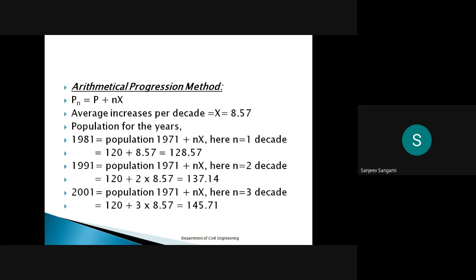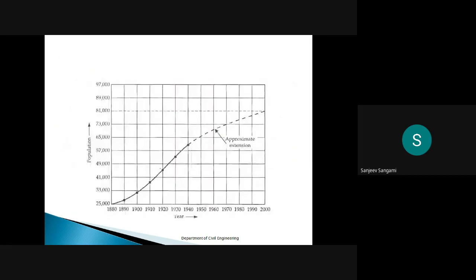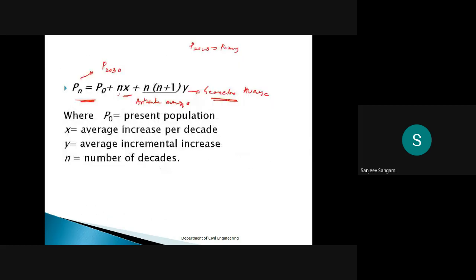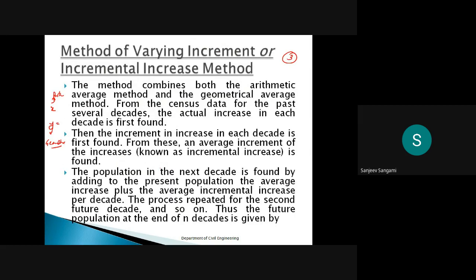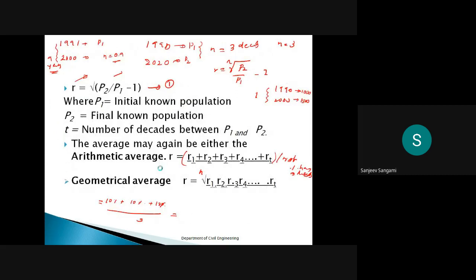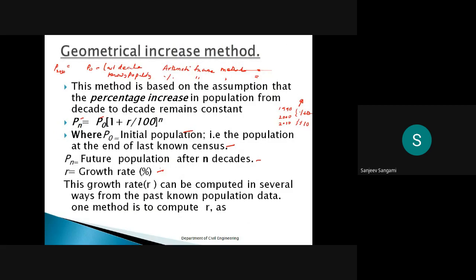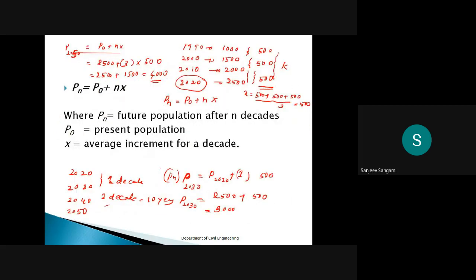Previously we solved one problem, that is the same way. Same way you have to calculate it. So average we calculated here. So just check it here. So see, in the previous problem how we did it. In the previous problem 1990 we have taken, 2000 we have taken, 2010 we have taken.